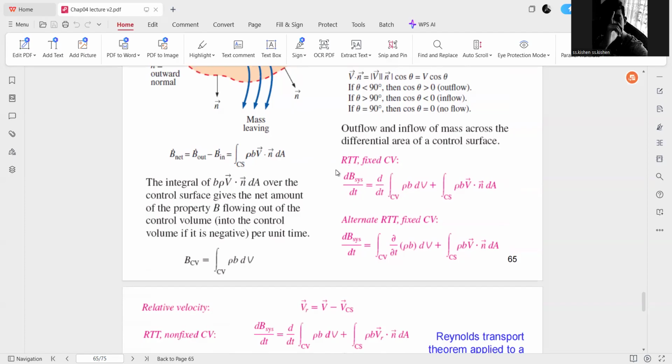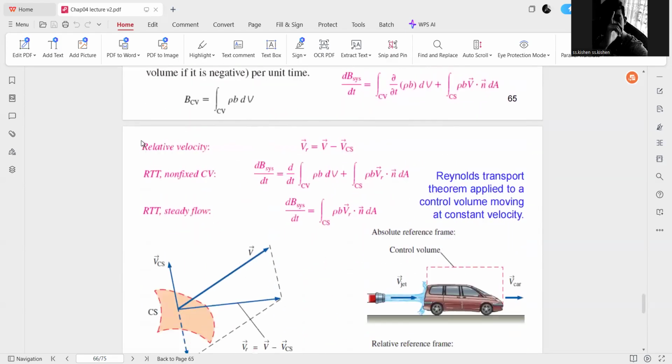The total derivative of the system equals the total derivative of the control volume plus the control surface. In the alternate RTT, it is also shown that the total derivative of the control volume plus the property net, as you can see from here.